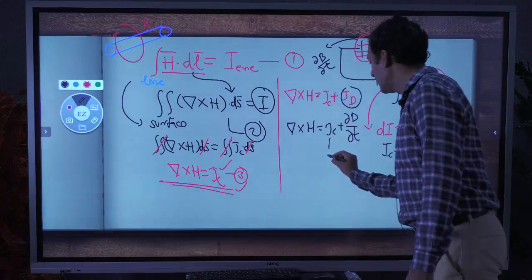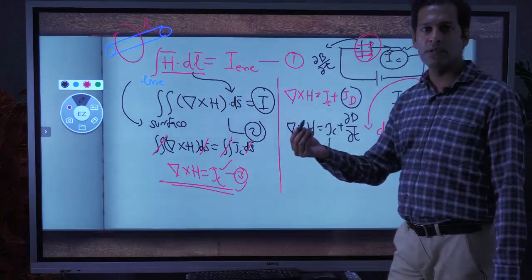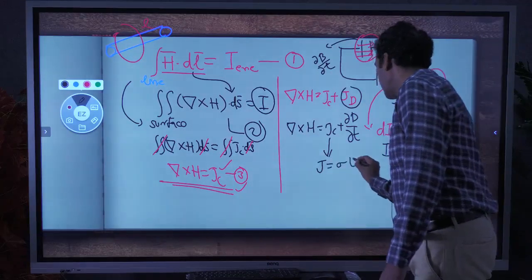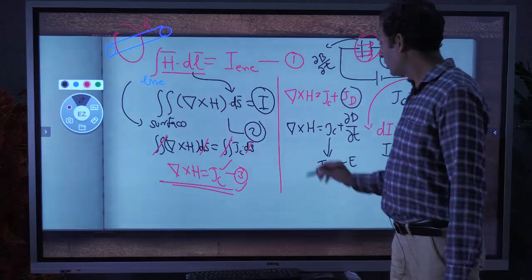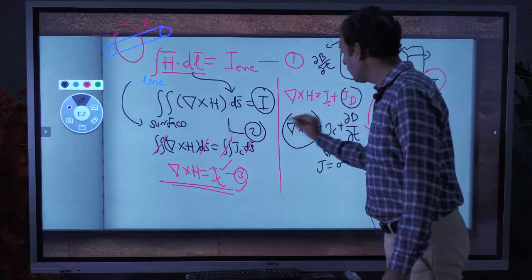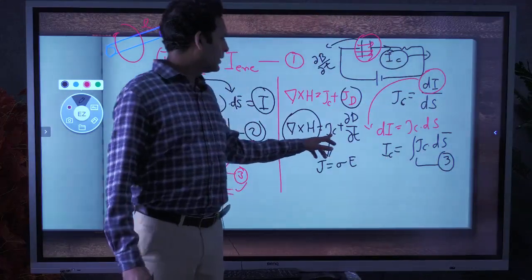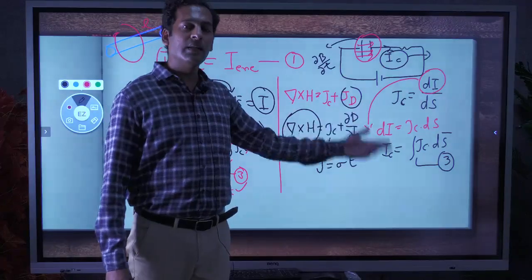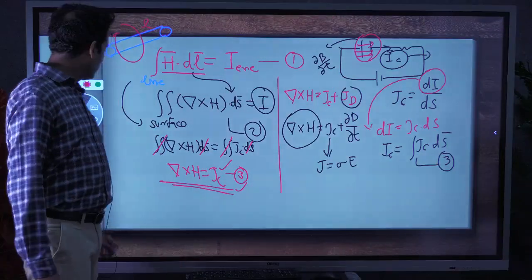Again we can further modify this J. For mathematical solving we may require J equal to sigma E, so we can write it in another form. So this is the curl of magnetic field intensity, which is equal to the current density in the wire plus the density inside the capacitor or dielectric. So this is about the fourth equation.